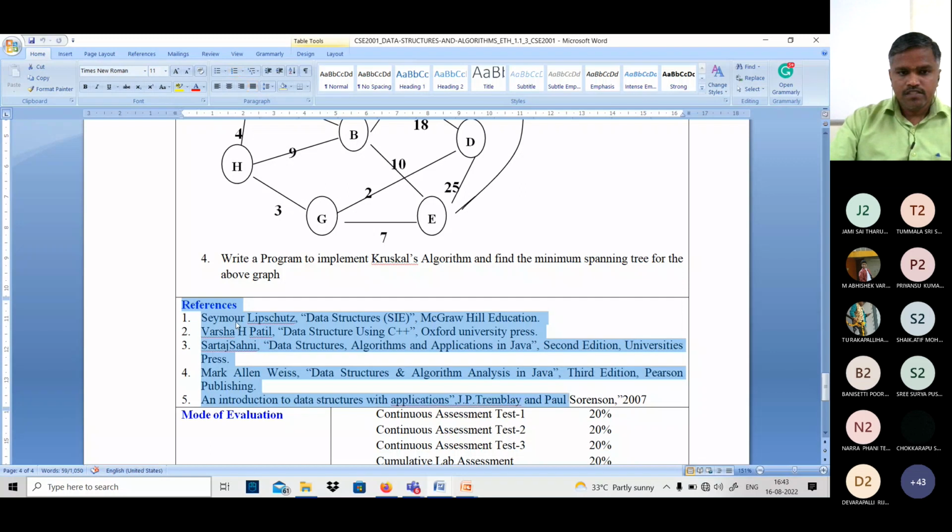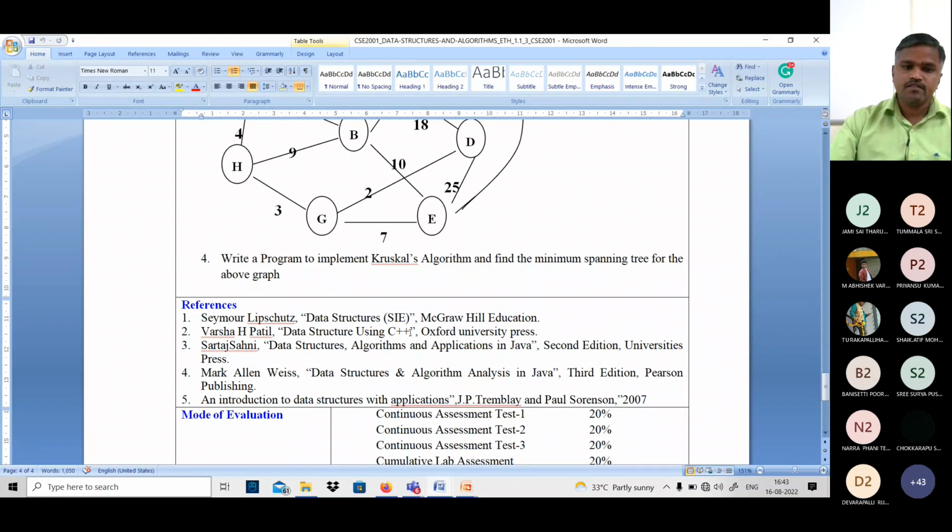First one is Seymour Lipschutz, who has written Data Structures, published by McGraw-Hill. Varsha H. Patel, Data Structures Using C++. Sartaj Sahni, a good book, Data Structures, Algorithms, and Applications in Java. And Mark Allen Weiss, which is also good, Data Structures and Algorithm Analysis in Java.